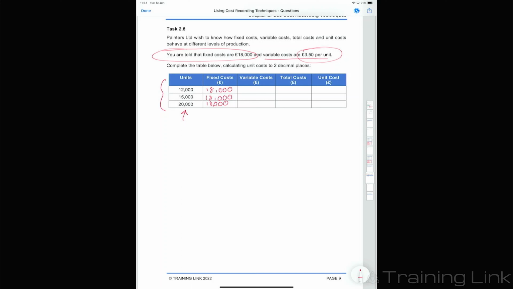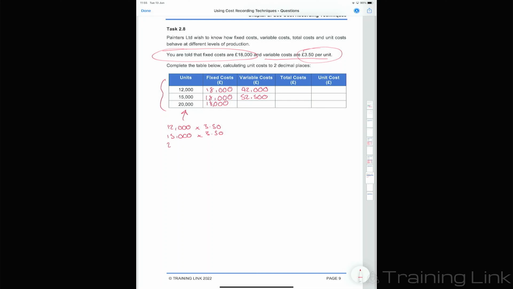So looking at the first one, 12,000 units times by £3.50 per unit should give you variable cost of 42,000. Next, 15,000 units times £3.50. That should give you 52,500.